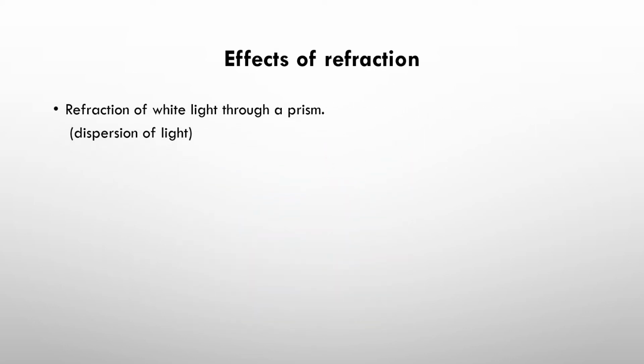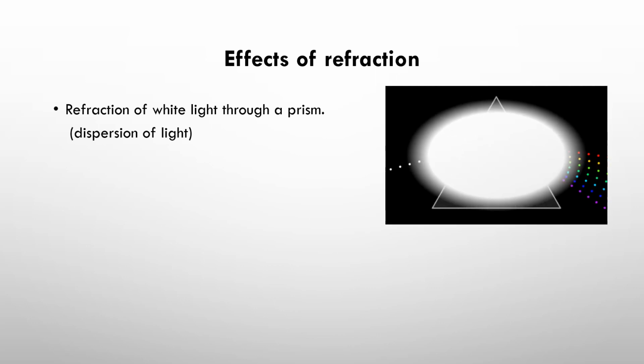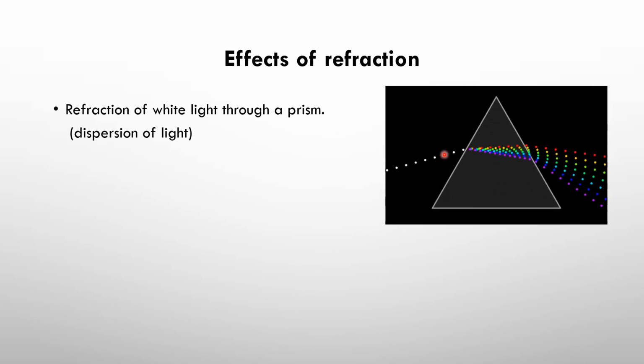So another wonderful phenomenon of refraction is the dispersion of light by a prism. When a white beam of light enters a prism, it is separated into the seven colors of light: red, orange, yellow, green, blue, indigo, and violet, due to the process of refraction.